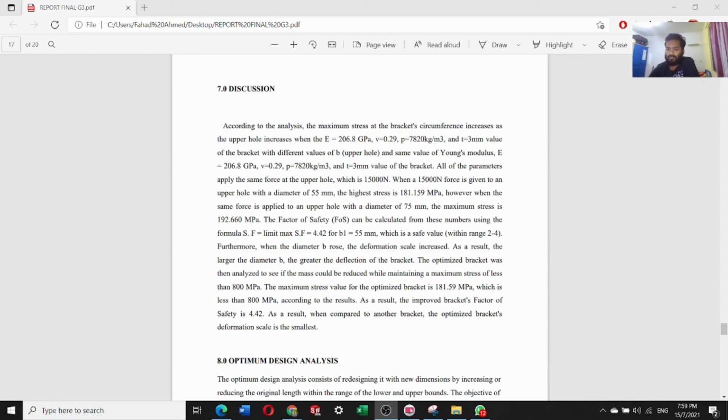If the diameter increases, the deflection will be greater. From the analysis, we see the mass could be reduced if we maintain maximum stress of less than 800 megapascal. The max stress value of the optimized bracket is 181.59 megapascal. So we decided on improving the bracket, with a safety factor of 4.42.